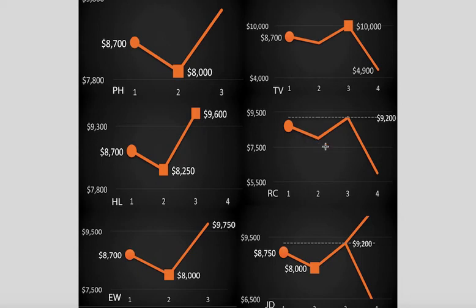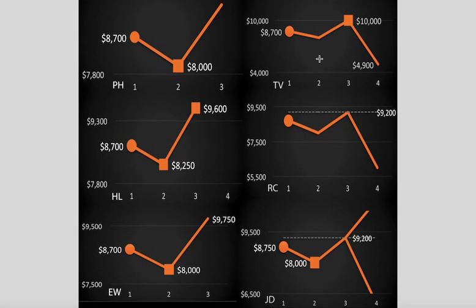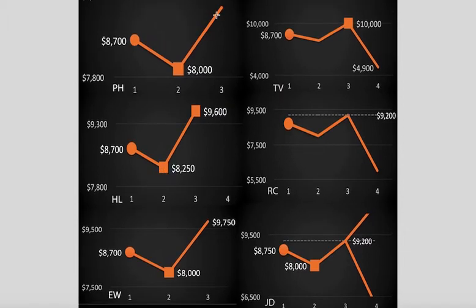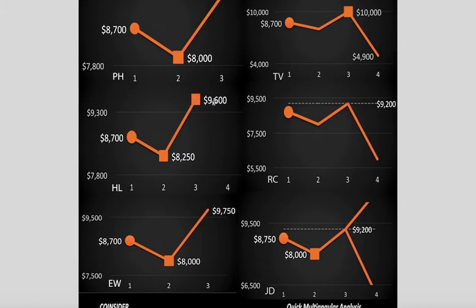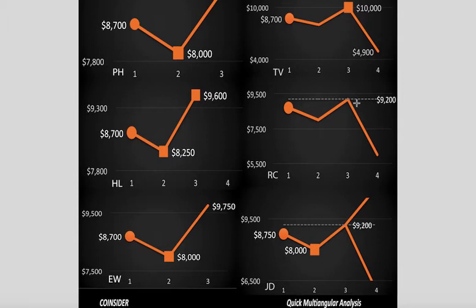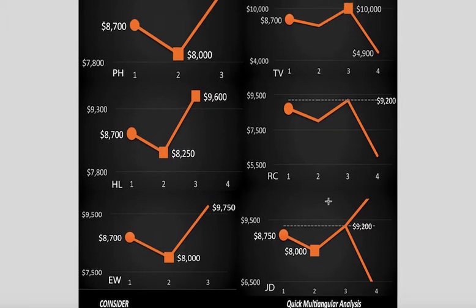So it's just, again, down, up, and all 6 of them have the down, up here. And if you look at the next price points after the down, there is nothing specific here. Here's the 9600 range, 9750 range, 10,000 range, and then the major range to break is the 9200 range.